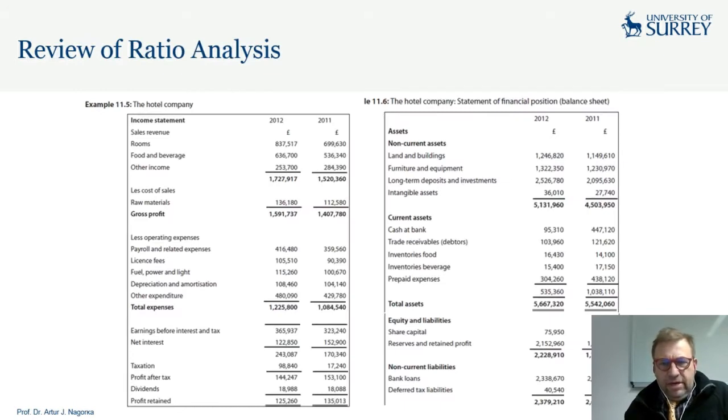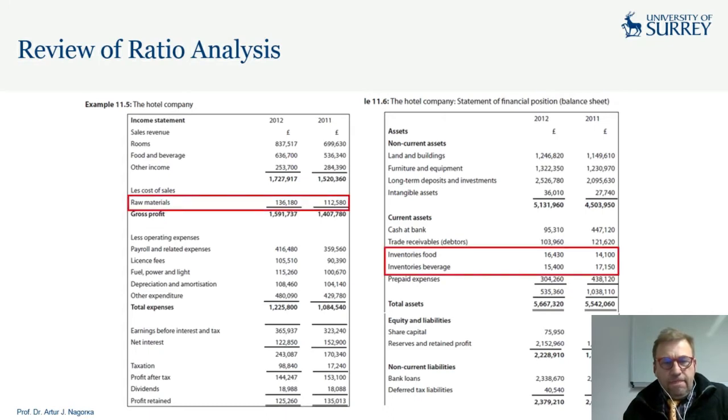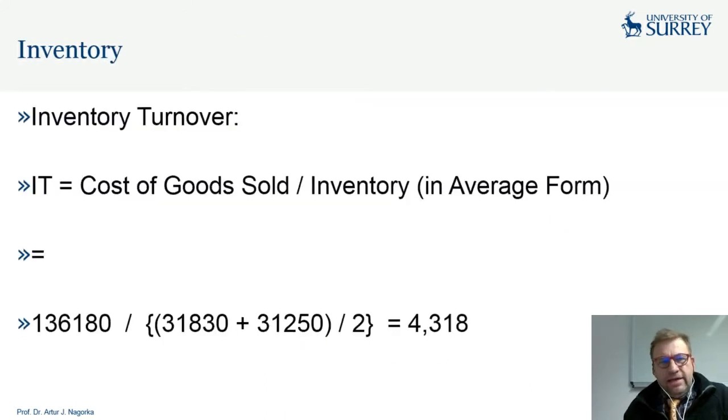And now we have to make this review of our ratio analysis. It's very nice that you have this in front of you, because we just take certain figures from the financial statement, and with these figures we will do an exemplary inventory turnover calculation, which looks like this.